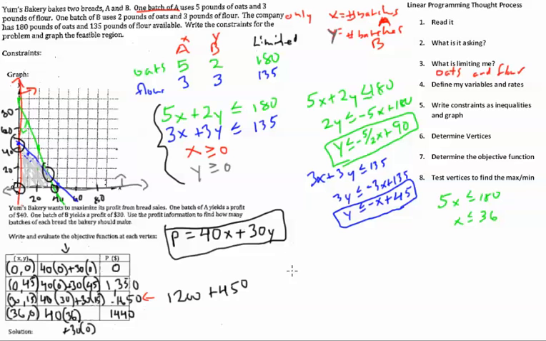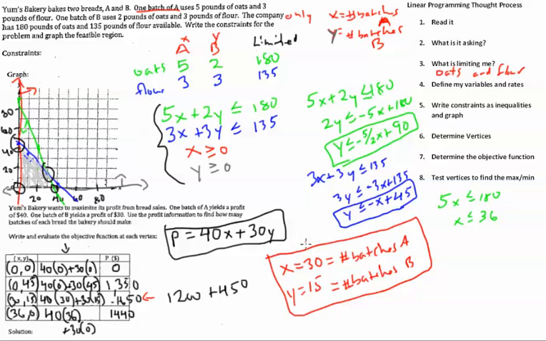So I end up with x needs to equal 30 and y needs to equal 15. If I pair that back into my actual meaning, 30 needs to equal the number of batches of bread A, and 15 needs to equal the number of batches of bread B. So ladies and gentlemen, this is my final solution.